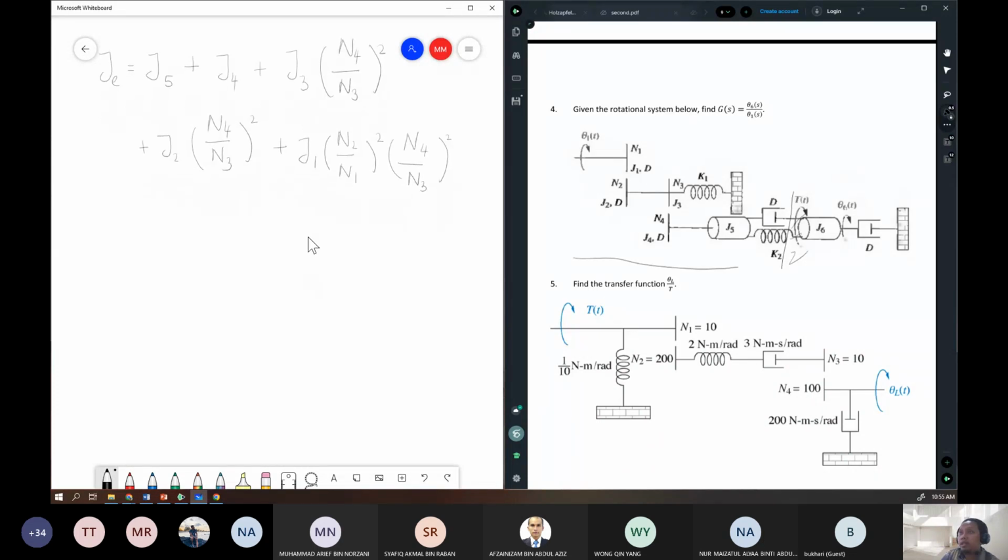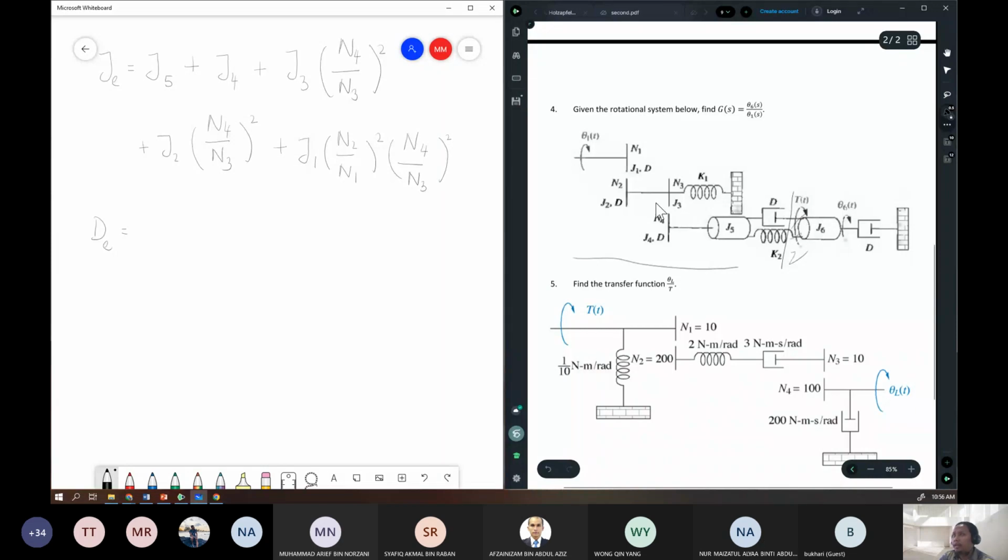Now let's calculate the D equivalent. Okay, so for the D equivalent, if you look at this D here, the damper here at the end shaft, this D is connected with J5 and J6. So if you transfer all of the D from the gears to J5, you cannot add to this damper because this damper is connected with J6.